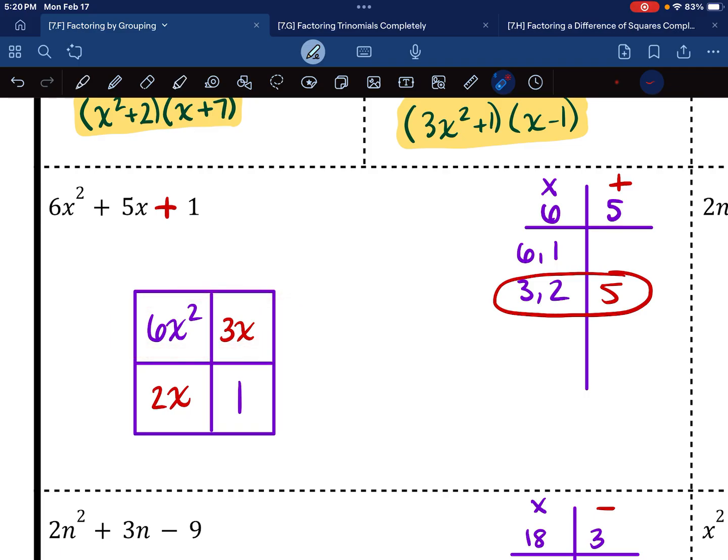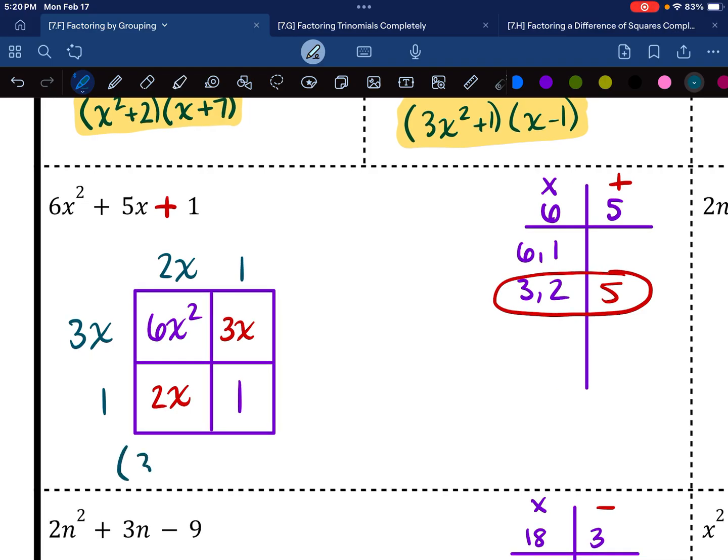So between 6x squared and 3x, I could divide out a 3x. Between 2x and 1, I could divide out a 1. And now I'm coming this way, okay? I see a 2x that I could divide out of that column and a 1 that I could divide out of that column. So altogether, I have 3x plus 1 times 2x plus 1.